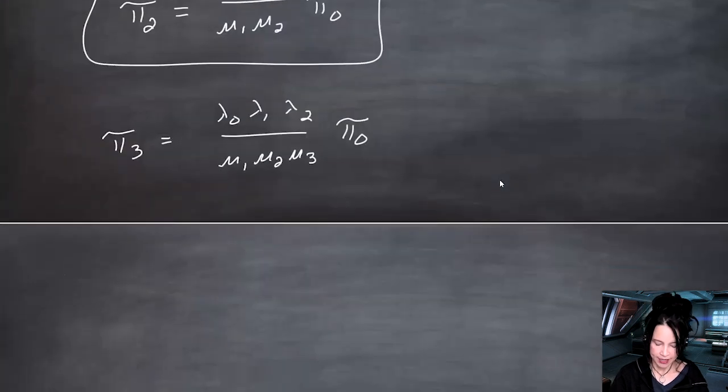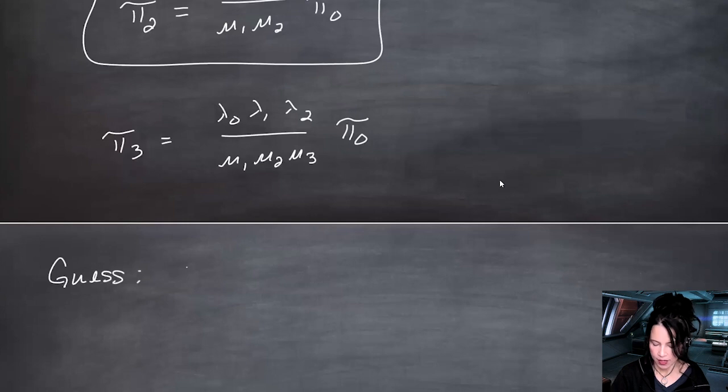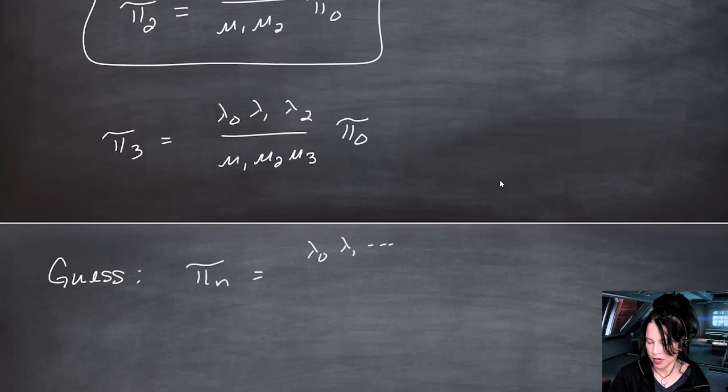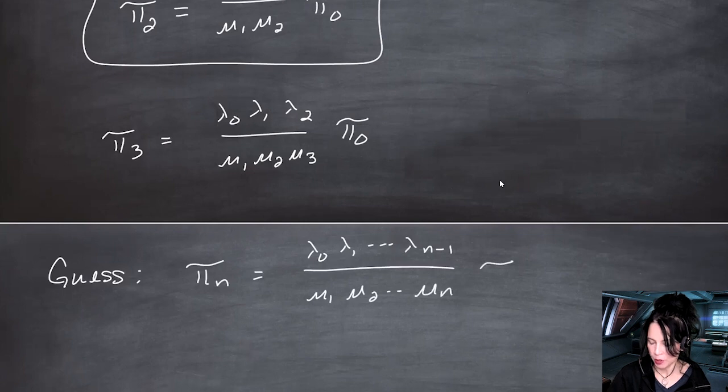And your guess for the general pi n is going to be lambda naught, lambda 1 up through lambda n minus 1 over mu 1, mu 2 up through mu n times pi 0.